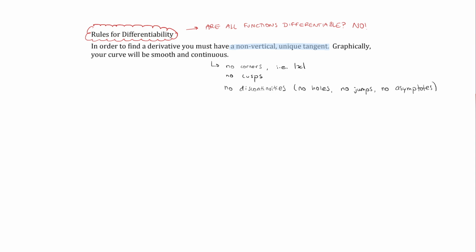If we have any of these in the graph of the function, then that means that the function is not differentiable, or it might only be differentiable in certain intervals.